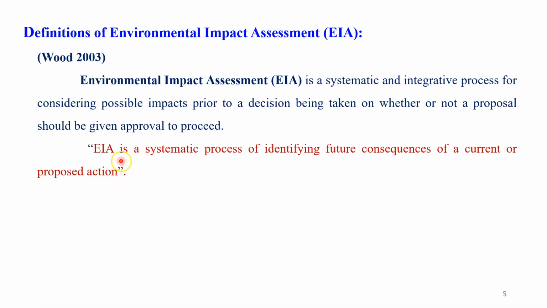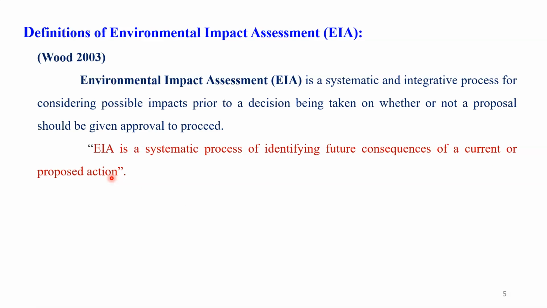What does it mean? Environmental impact assessment is a systematic process. Again, it is systematic because we have to follow some sequence. If we do not follow the sequence, then definitely our evaluation might be wrong. And for what purpose? To identify the future consequences of the current or proposed action.